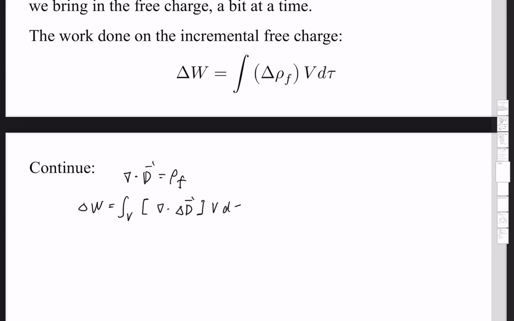Now we simply copy the rest, and we use integration by parts. Here the divergence operator is applying on the D vector, but we can pull this out to apply on both sides.